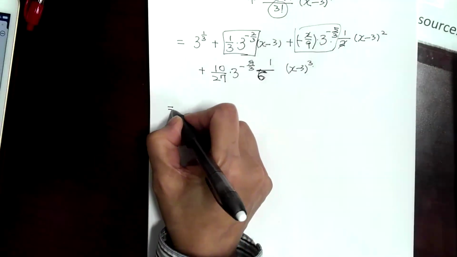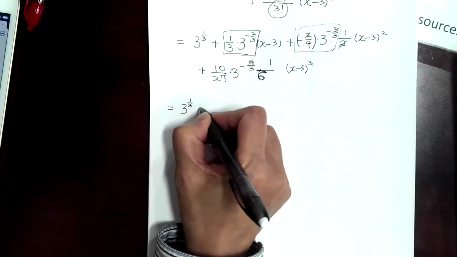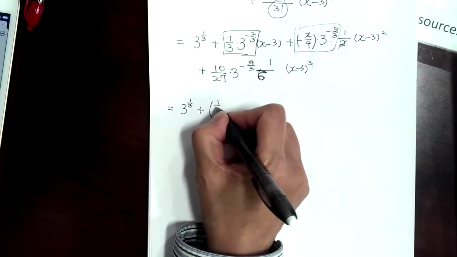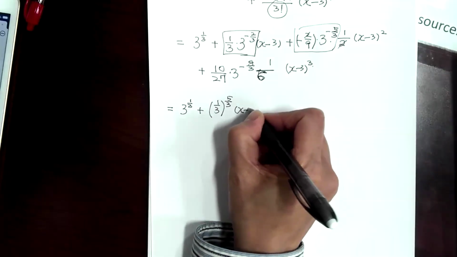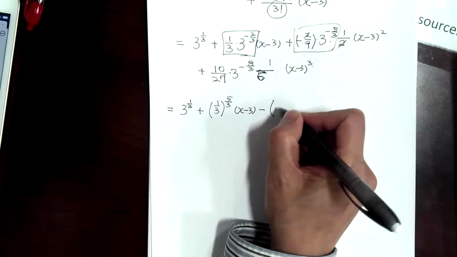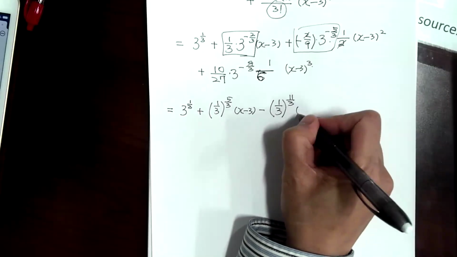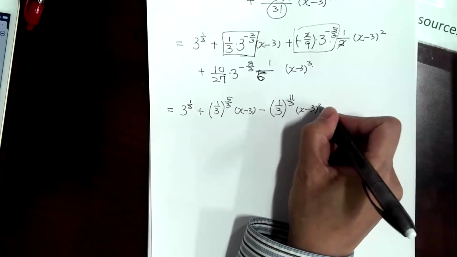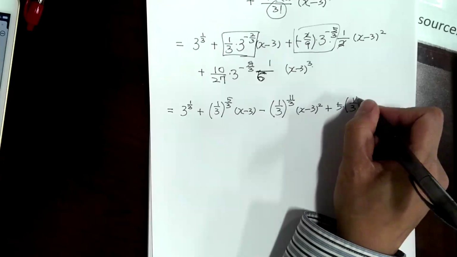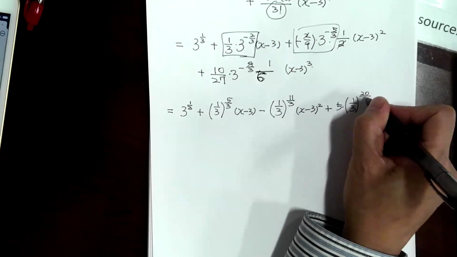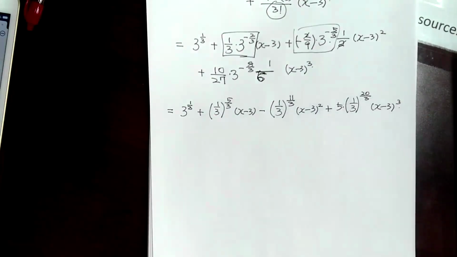After you go through all those, you will get 3 to the 1/3 plus 1 over 3 to the 5/3 times (x minus 3) minus 1 over 3 to the 11/3 times (x minus 3) squared plus 5 times 1 over 3 to the 20/3 times (x minus 3) cubed.